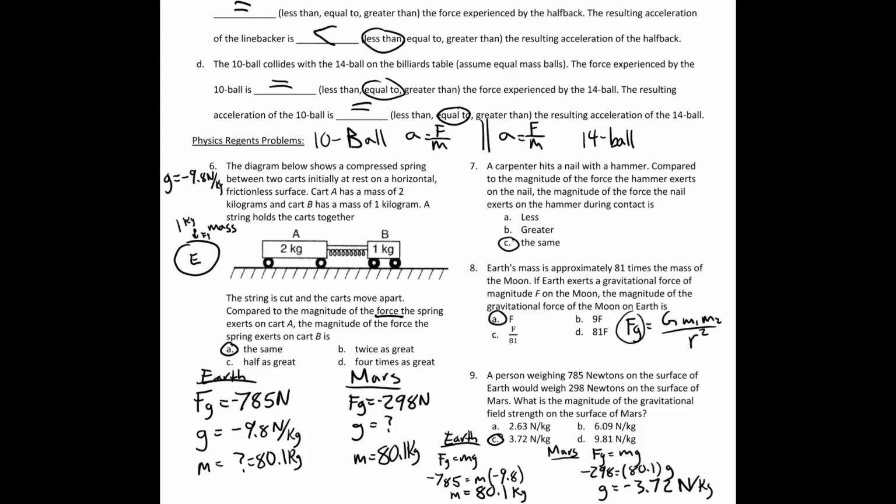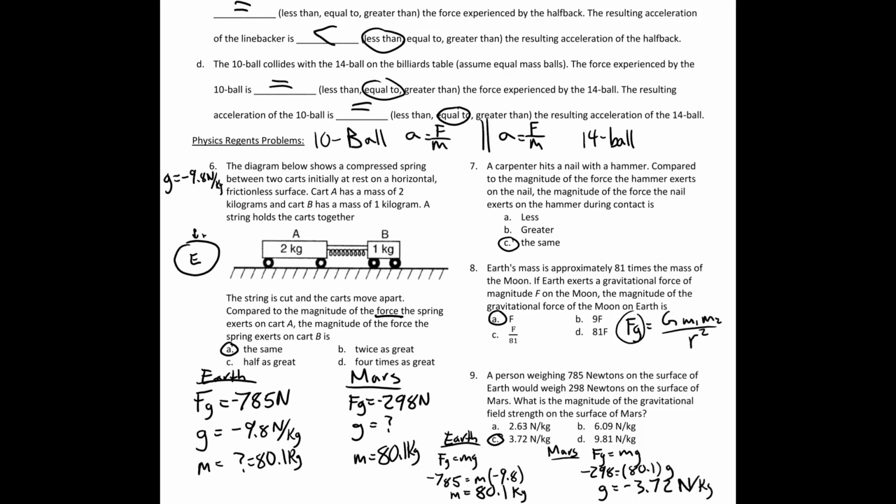So now we don't have to theoretically put a mass at this position. We know that at this position in the gravitational field, you would have 9.8 newtons for every kilogram of mass that you have. So if you have 2 kilograms of mass there, it would be 9.8 times 2. You'd have 19.6 newtons of force. If you had 5 kilograms at that position, you would have 49 newtons of force. It's just a way to measure how strong the field is.